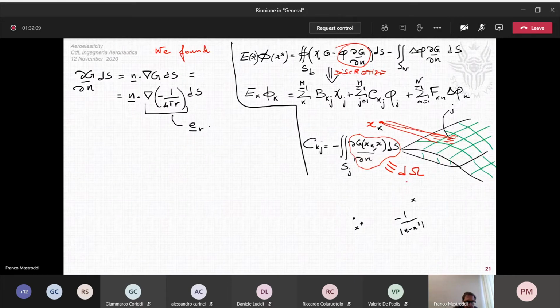And the amplitude of the gradient is the derivative, with respect to r, of -1 on 4 pi r.